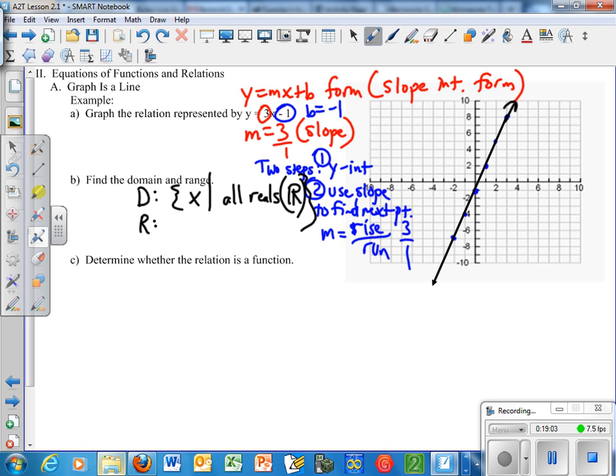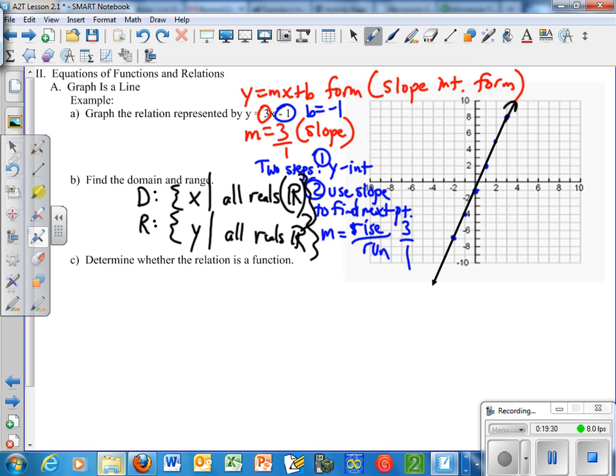The range is y's, or the output values. So what y values are graphed? Think about this line. It's going infinitely down and infinitely up. Range is y, so that's up and down. It's connected, and it's all real numbers. When we say all reals, that includes every decimal, fraction, whatever you're talking about.